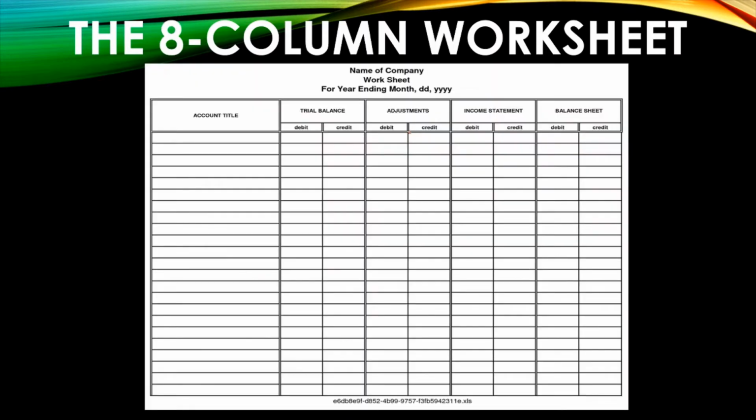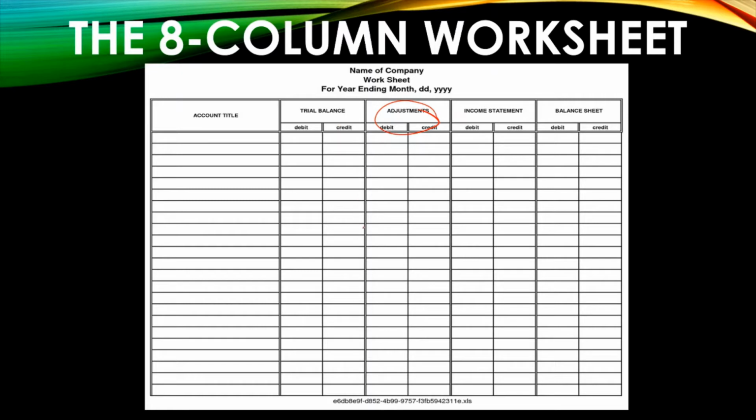The next one is the eight-column worksheet, wherein you will not just include the trial balance, income statement, and balance sheet, but also the adjustment columns, wherein all the entries at the end of the accounting period, your adjusting entries, will be incorporated in this worksheet.